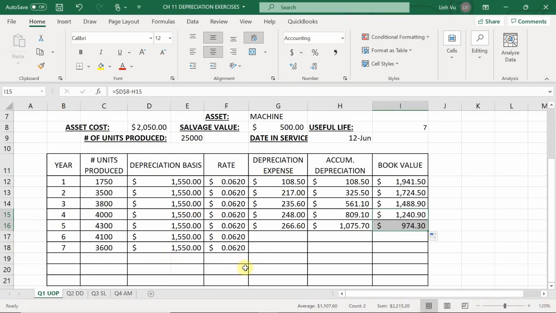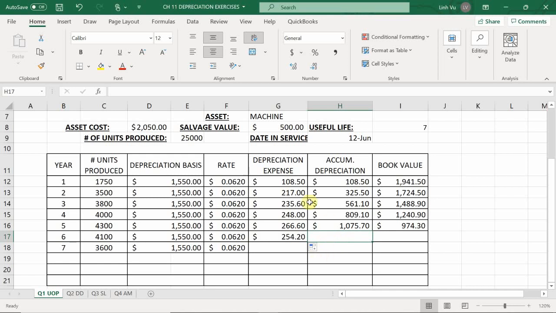So the depreciation for year 6 is, this time, I only produced 4,100 units. Okay. So again, that's going to be a total of $254.20 of depreciation expense.